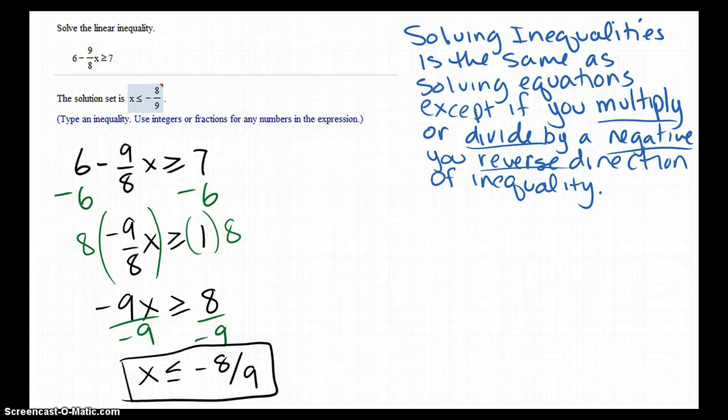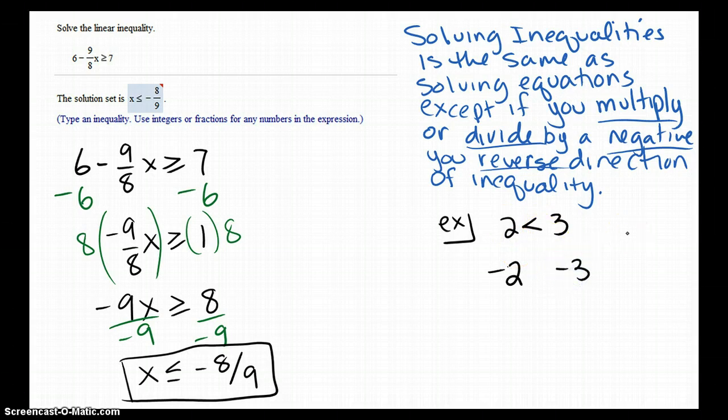This does make sense, because with inequalities, for an example, if you had 2 is less than 3, and you multiply both of these by negative 1, you get negative 2 and negative 3.